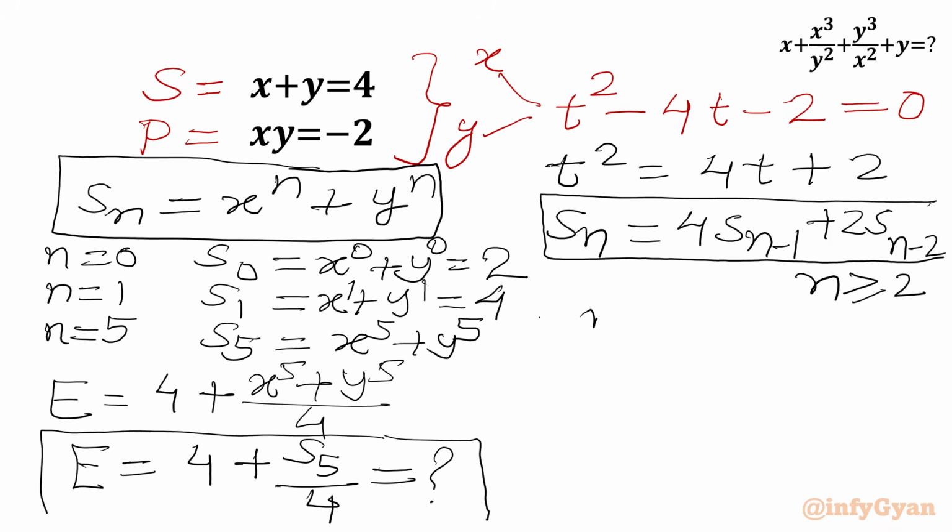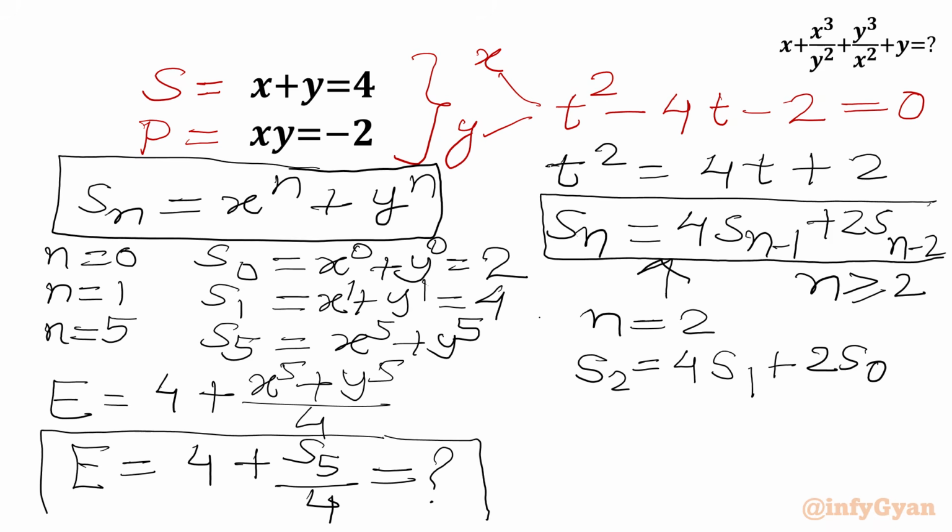Now I will put n equal to 2 over here. So we will get S2 equal to 4S1 plus 2S0. We have S1 and S0 over here. S1 is 4, S0 is 2. So we will write 4 times 4 plus 2 times 2, which will be equal to 16 plus 4.